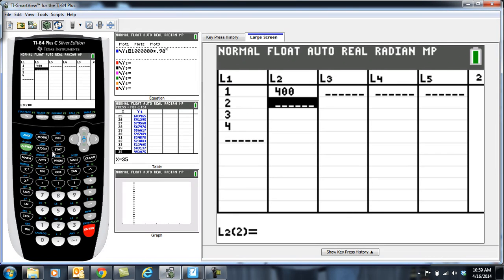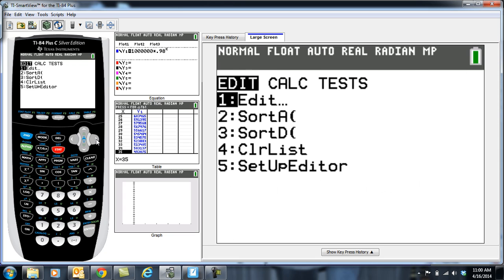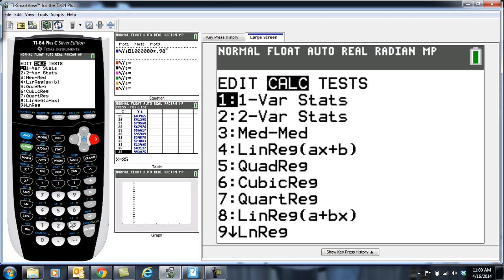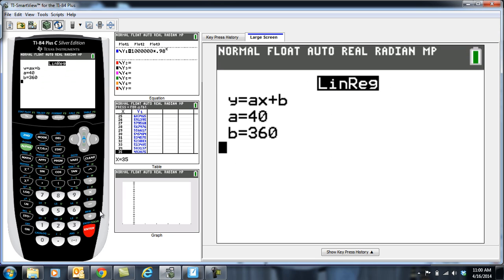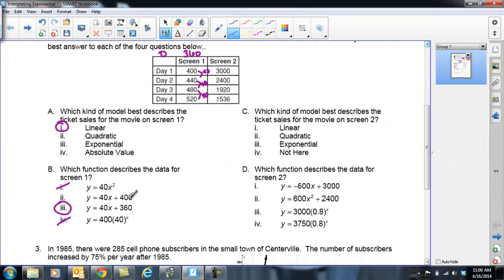So it was 400, then 440, then 480, and then 520. Since I know it's linear, I can go to Stat and calculate, and do option 4, a linear regression. It will give me the equation, and it tells me that it is 40x plus 360, which is the one that we circled based on what we did.